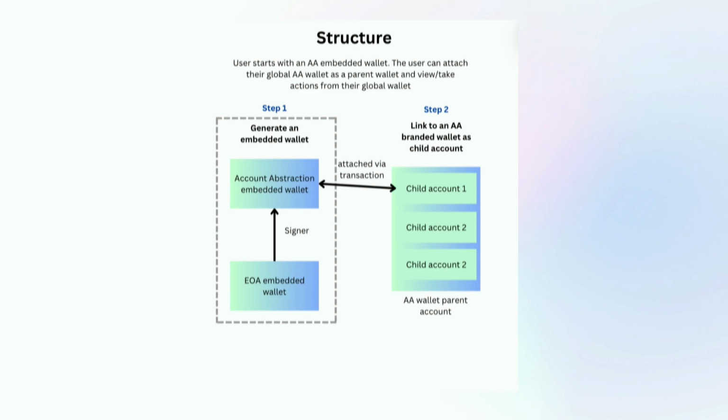So one more approach that I think is uniquely interesting, which is the AA across the board approach, which is technically what you can do is, again, use an EOA embedded wallet like Dynamic, add an AA layer, and then attach and detach that AA layer to a global account abstraction wallet using some sort of signing process.